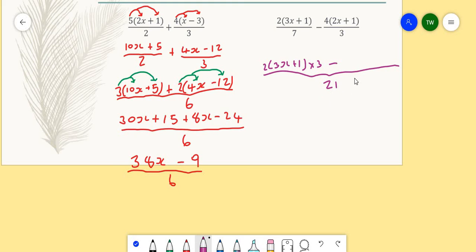And I'm going to take that 7 to multiply my numerator here. So it's going to be 4, open bracket, 2x plus 1, close bracket, times 7.